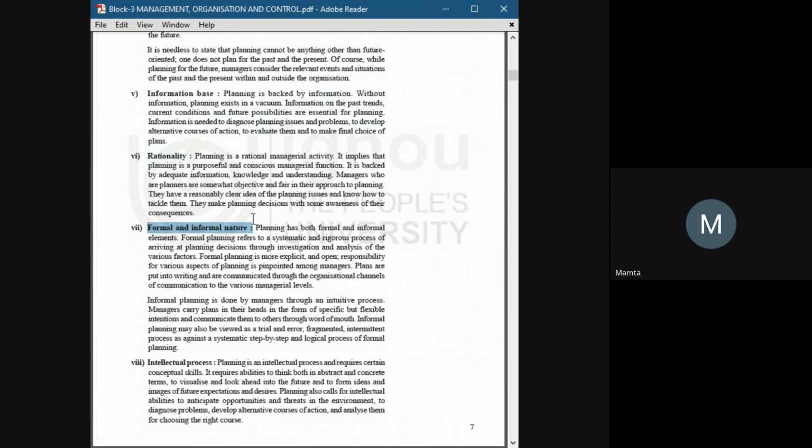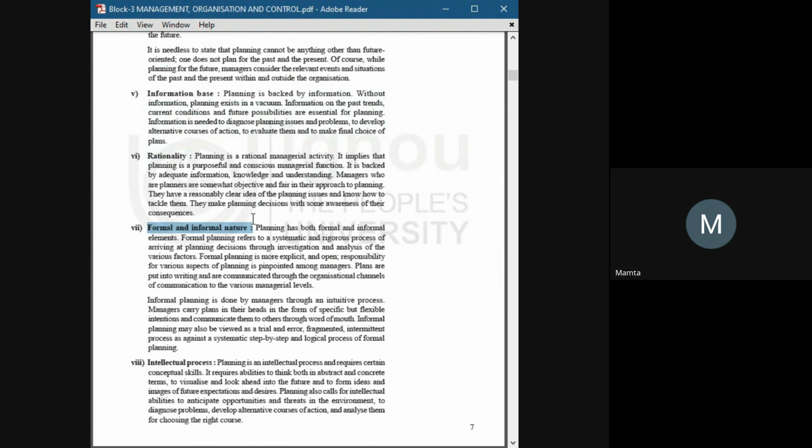Formal planning is more explicit and open. Responsibility for various aspects of planning is pinpointed among managers. Plans are put into writing and communicated through the organizational channels of communication to the various managerial levels. These are the formal nature of planning.